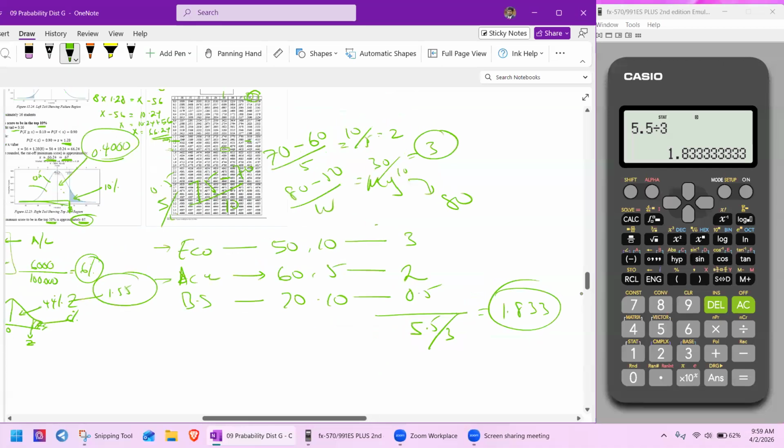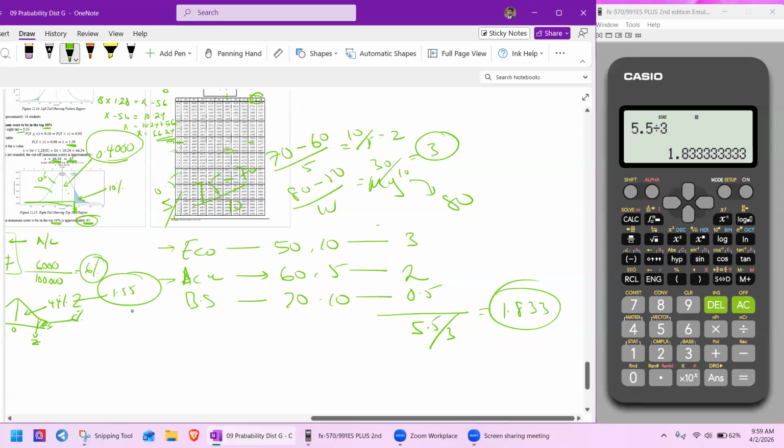The cutout is 1.55, but Mr. Y's set score is 1.833. So therefore, this Mr. Y may be entitled to get the university admission. By using your set score, there's a probability to find your actual marks.